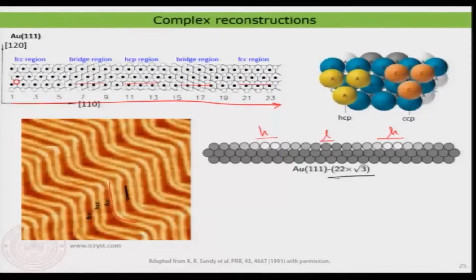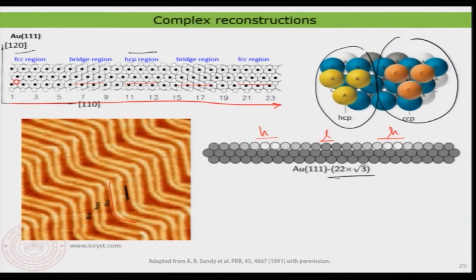So, this is extremely complex, and I have brought it here just to show you the different types of regions which I have used here, called the hexagonal close packing region and the face centered cubic packing region, where the packing is in an AB type in HCP, and in the FCC it is an ABC type. That is what the FCC region and the HCP region basically mean.